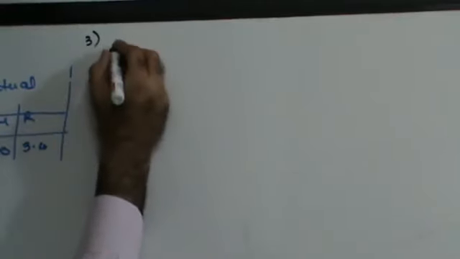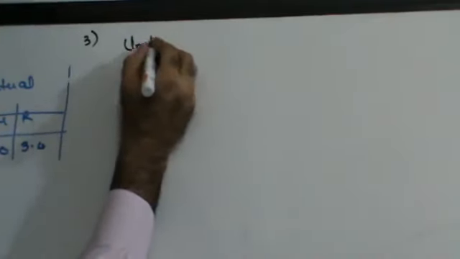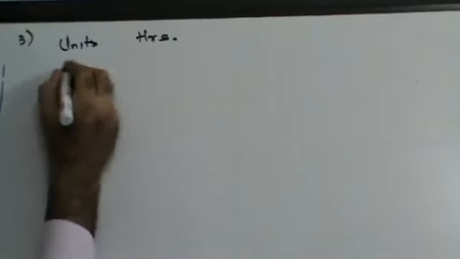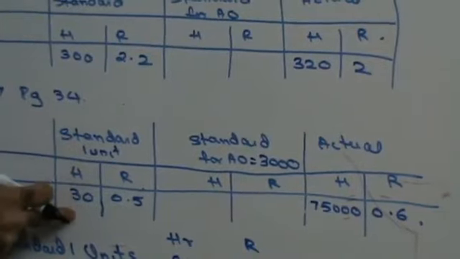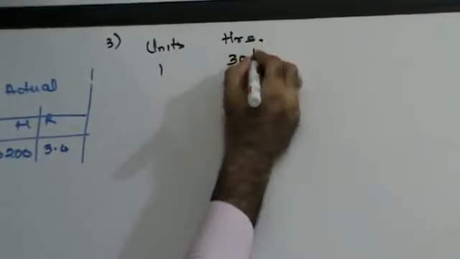Now working note 3. Guys, can you please see this? This is the most tricky sum. Once you follow this, you follow the chapter. Now in this, for 1 unit, the standard hours required is 30 hours.